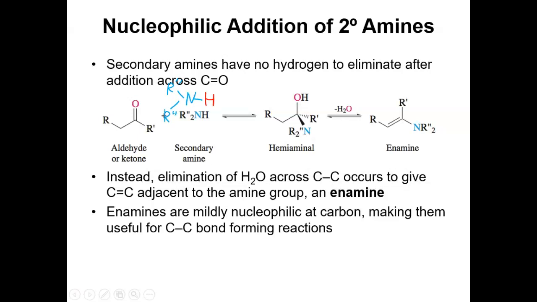You can always read it that way. So in the first stage, nucleophilic addition, the proton goes to the carbonyl oxygen, and the nitrogen, with whatever group is attached to it, attaches to the carbonyl carbon.